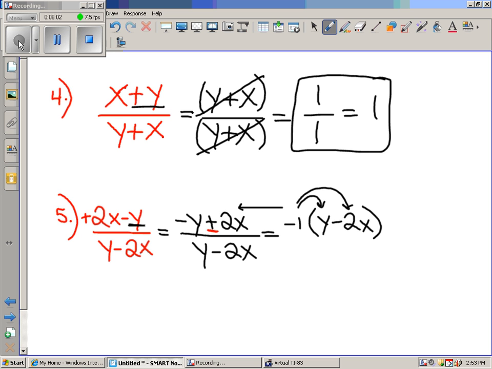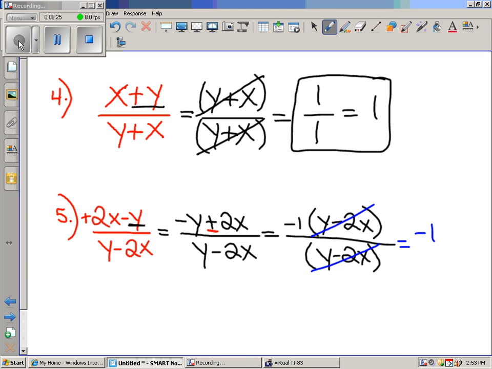Just stay with me on this. So you can rewrite it, making it look just like that. And then look what happens. Look what's in the bottom: y minus 2x. So these two cancel and reduce. And the final answer is just -1 over 1.